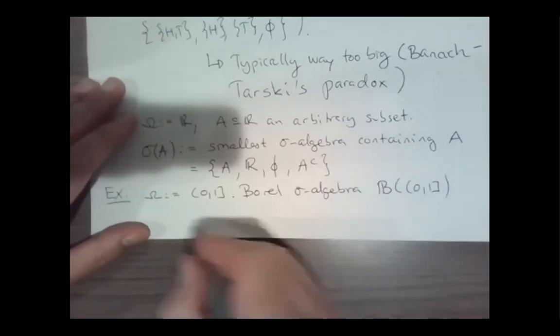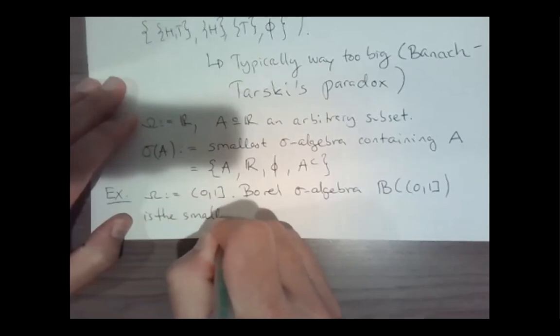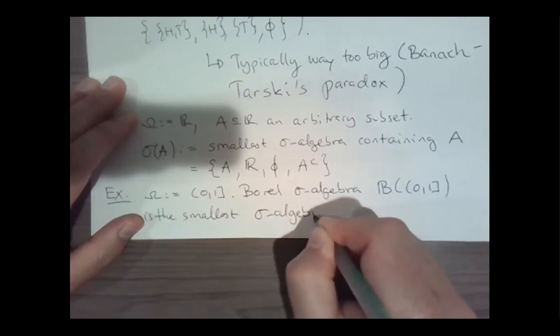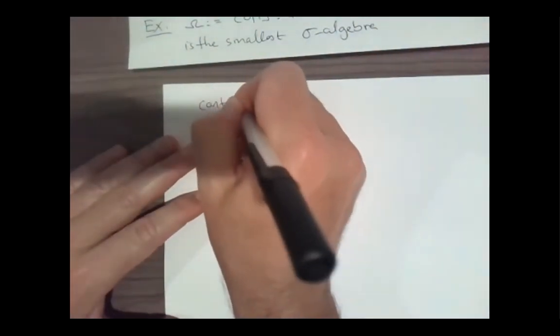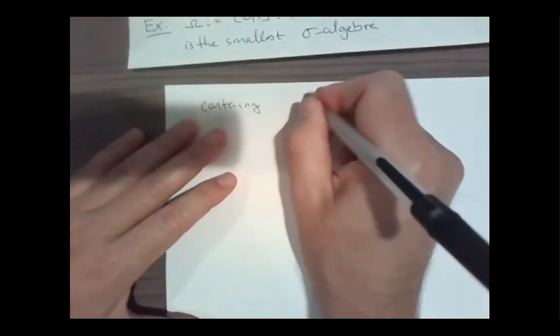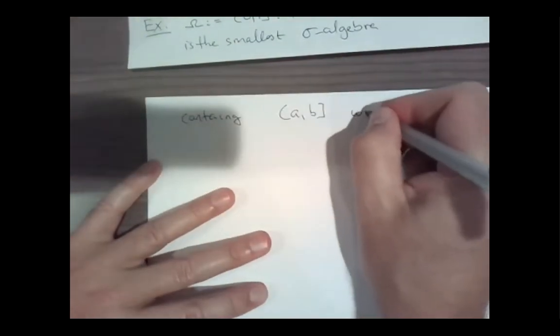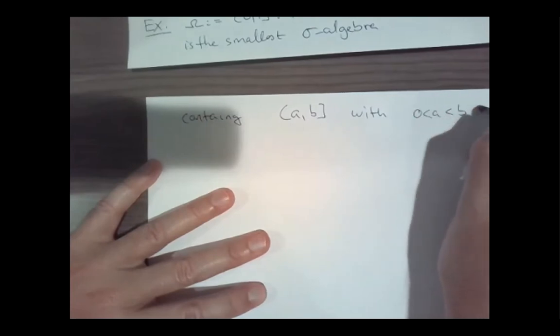This is the smallest sigma algebra containing intervals of the form (a, b], with a, b in (0, 1].